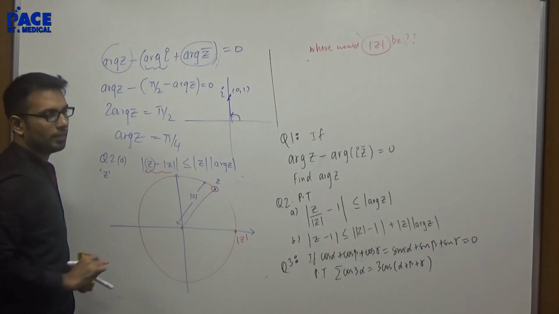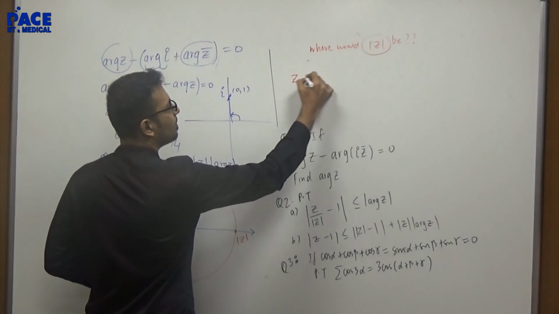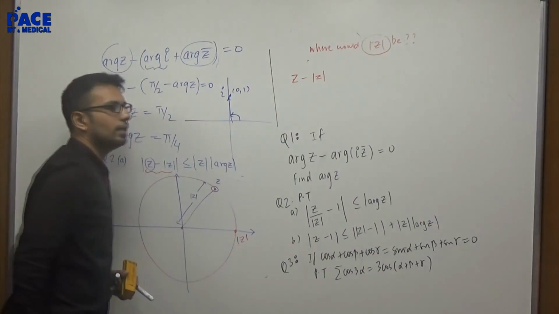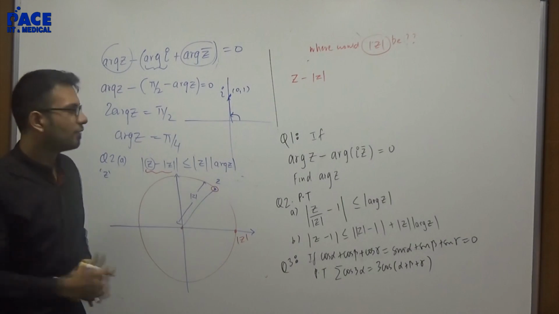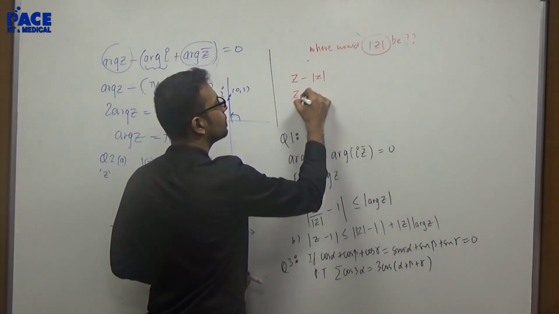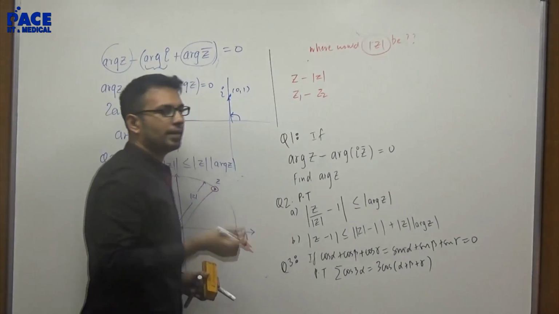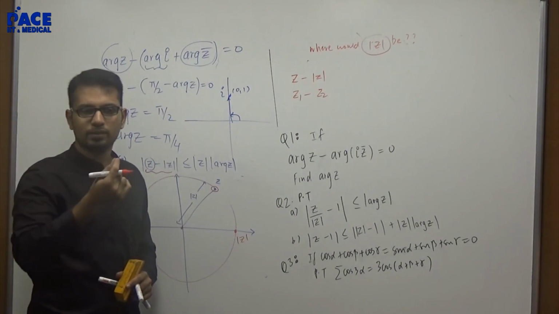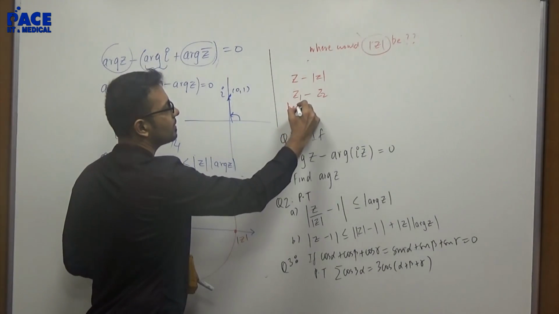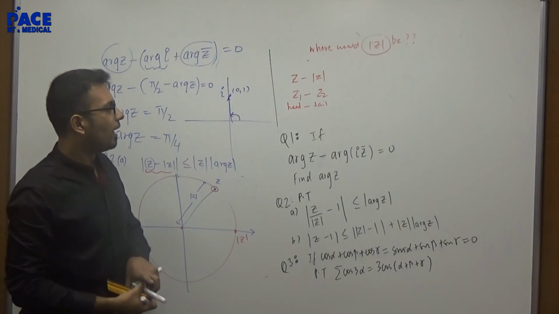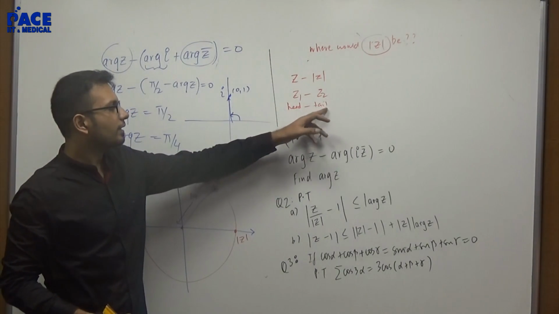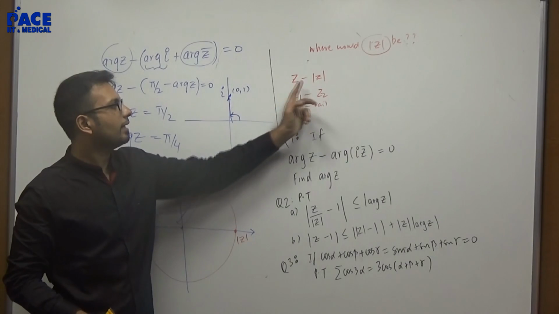Now look at this very carefully. Z minus mod z. I talked about it like just recap जब मैं बता रहा था. Like if I have z1 minus z2, that is a vector going from some place to some place. Okay, कोई भी vector head minus tail होता है, right? So this is a vector जिसका tail यहाँ पे head यहाँ पे. तो ये क्या है?